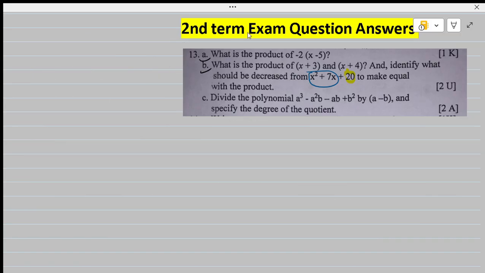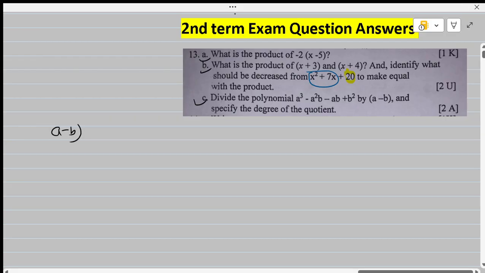Okay, number C, what's said here? Divide the polynomial a cube minus a square b minus ab plus b square by a minus b, and specify the degree of the quotient. So by a minus b we have to divide this expression.